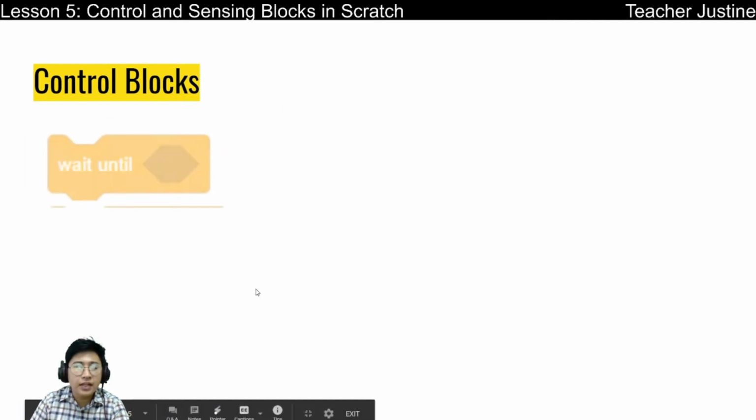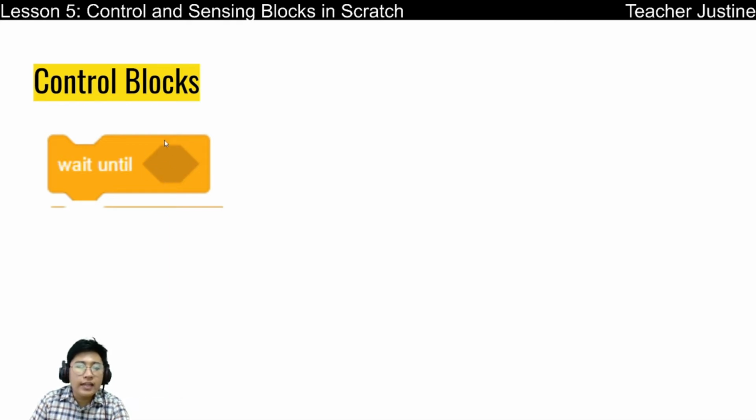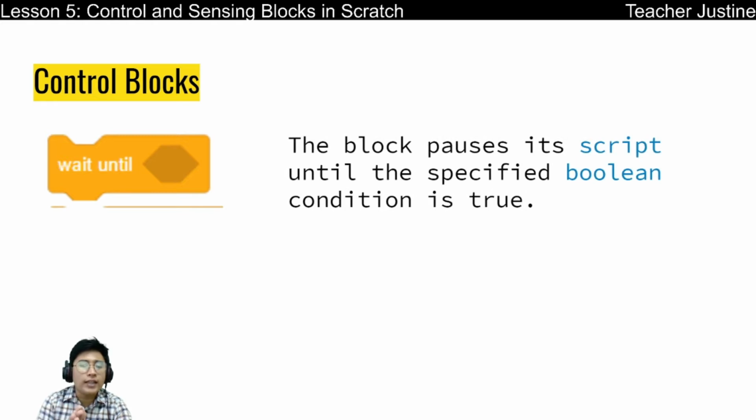Next is wait until. Inside here on wait until, you can put conditions, maybe from the sensing codes or from other categories of Scratch programming. So what is this wait until? From the name itself, this block will pause the script until the specified Boolean condition is true.